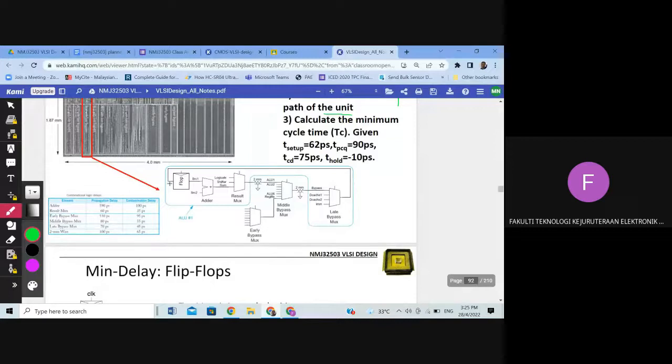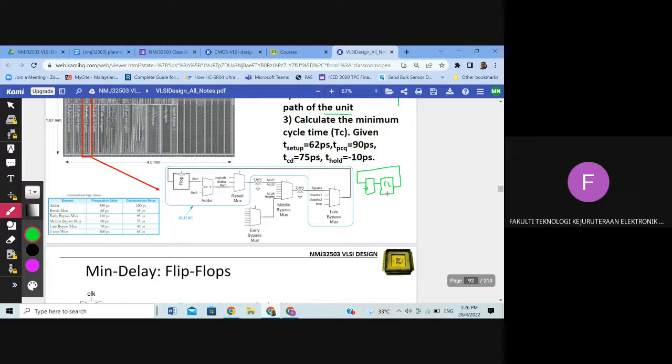We have flip-flops, and all of this is combinational logic. So it is like this: we have a flip-flop with clock and with input, and then we have CL, combinational logic, and the output of the CL goes back to the flip-flop.